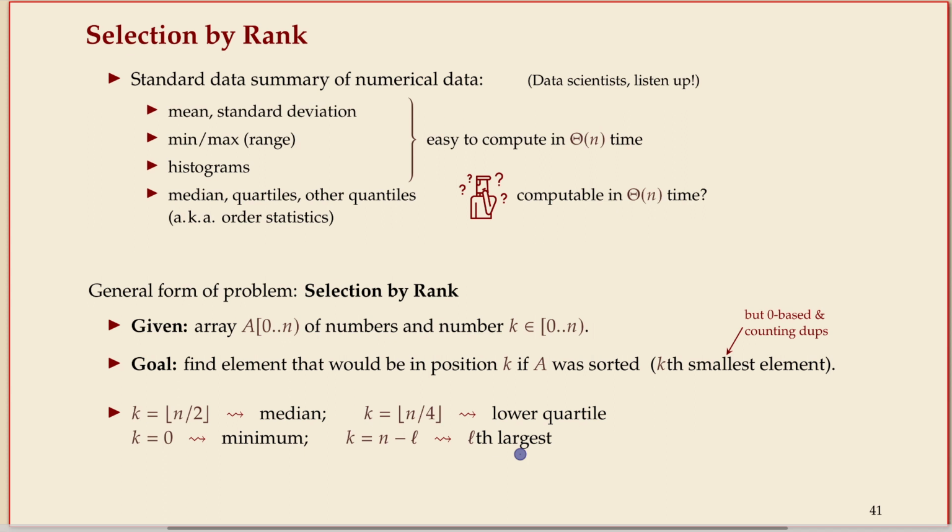Now, an obvious solution to this problem is you just sort the array and then pick out the number. I didn't even put this on this slide, but if you're willing to spend n log n time, then we already know how to do this. Just sort the entire array.